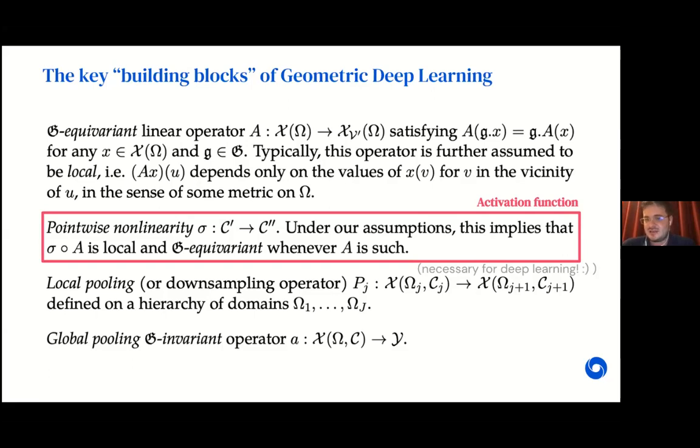And it turns out that this is totally enough, because there are already some well-known universal approximation results that show that when you take some of these equivariant linear operators and compose them with pointwise nonlinearities, this is already enough to represent all kinds of well-behaved real continuous functions over that domain. So the combination of the two is sufficient to model everything that deep learning would require.